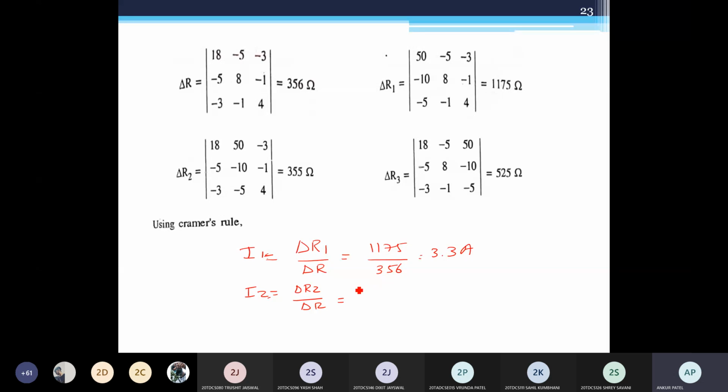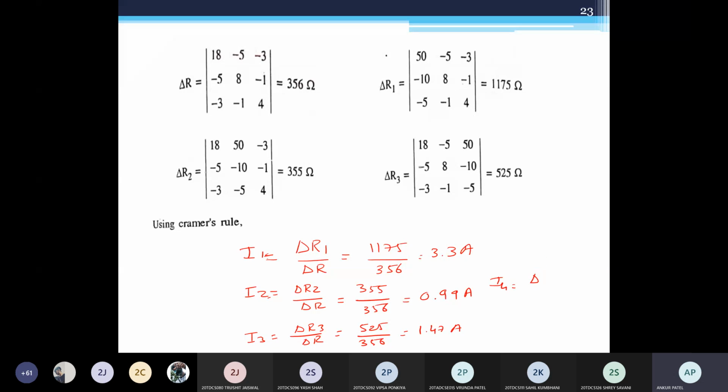Okay. And this is your I3, delta 1.47 ampere.